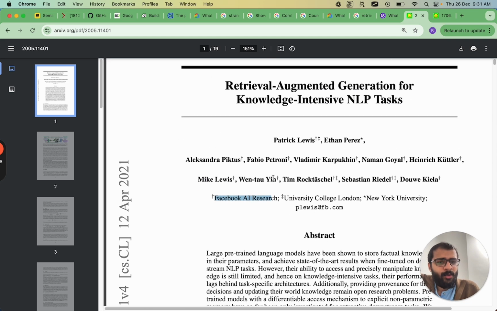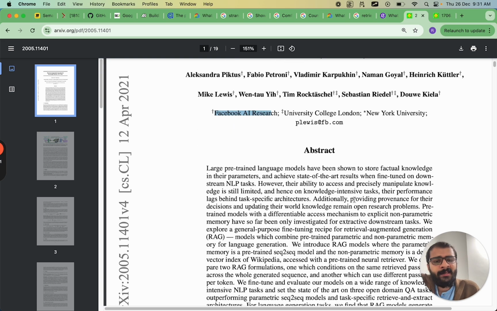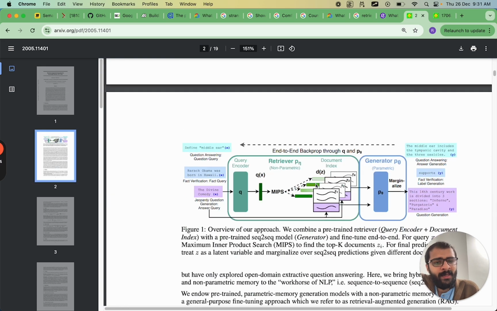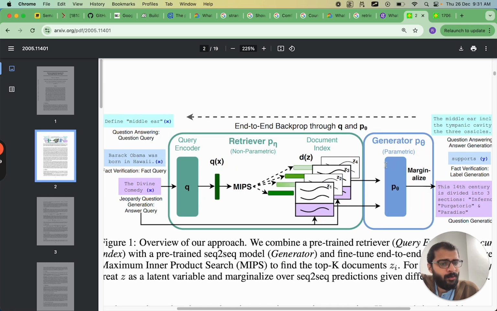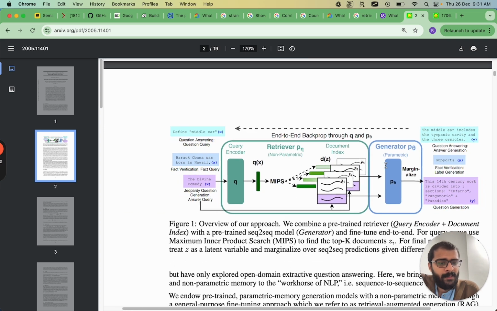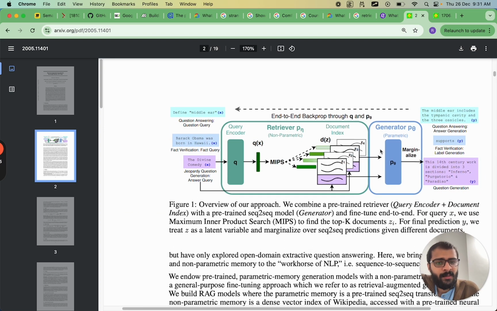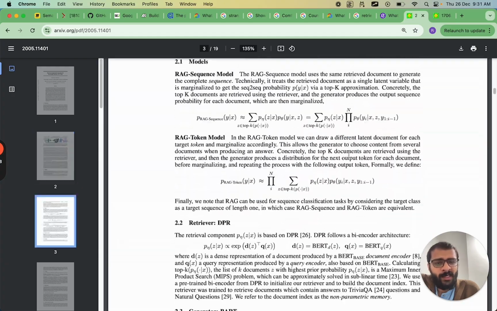Not too much credit goes to Facebook, unfortunately, because people seem to have forgotten that Meta, previously Facebook, is at the core of some leading innovations, and one of them is RAG. This paper really moved the needle with respect to thinking about RAG systems. They presented this mechanism where we attach a retriever which retrieves documents, and the documents are used as assistance to the generator so that we can ground the responses of the generator. So they introduced this schematic of retrieval augmented generation.